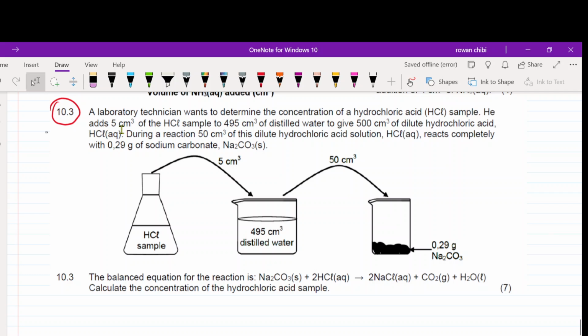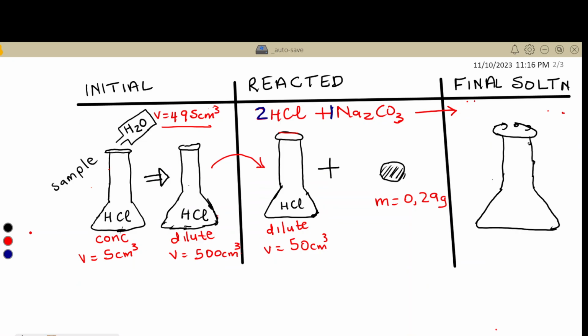He adds 5 cm cubed of the HCl sample to 495 cm cubed of distilled water to give 500 cm cubed of a dilute hydrochloric acid. So my picture looks something like this, similar to the one that we did previously. So you have a sample of HCl.